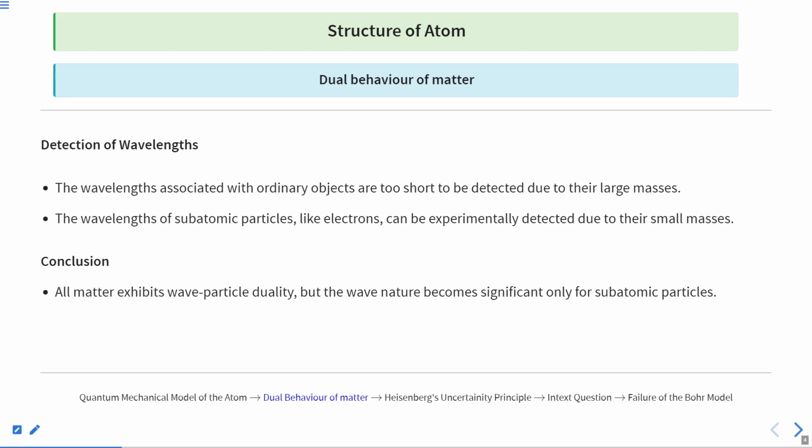So subatomic particles like electron, proton and neutron can all be experimentally detected due to their small masses. Clear? Now we can conclude that all the electromagnetic radiation that we have exhibits wave and particle nature. Clear?